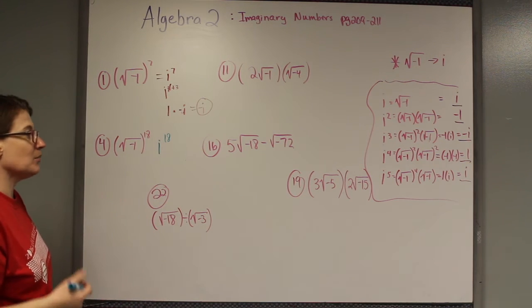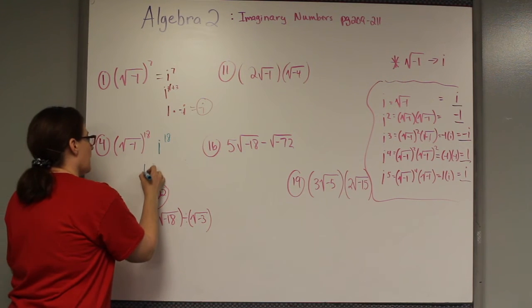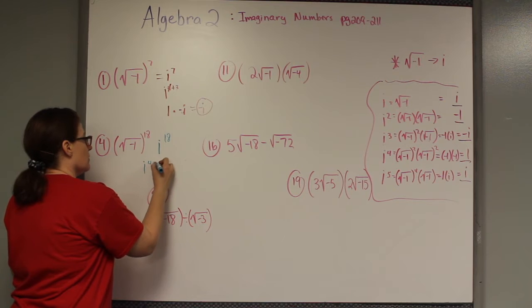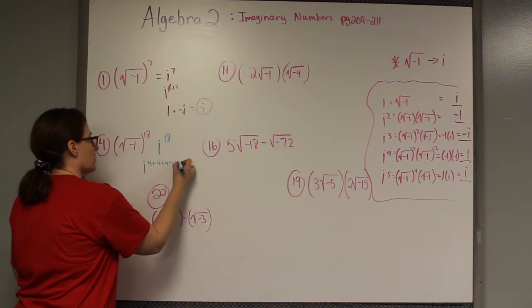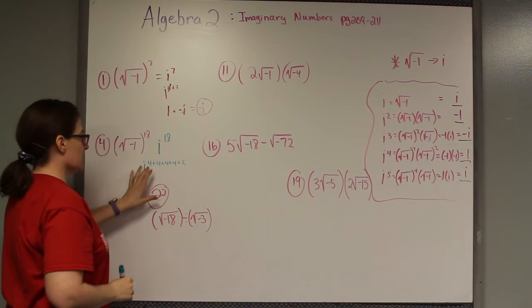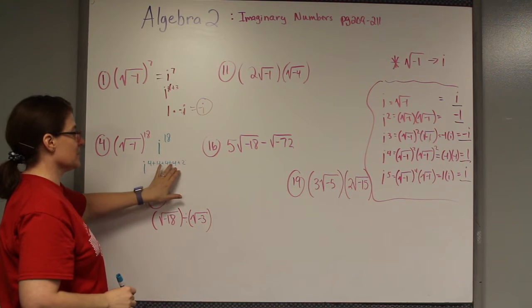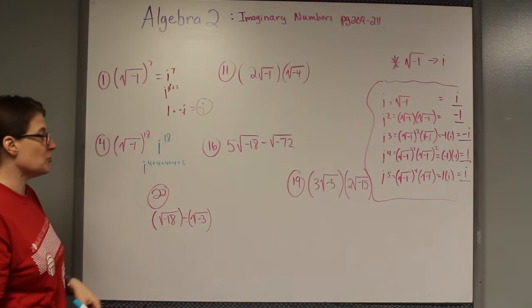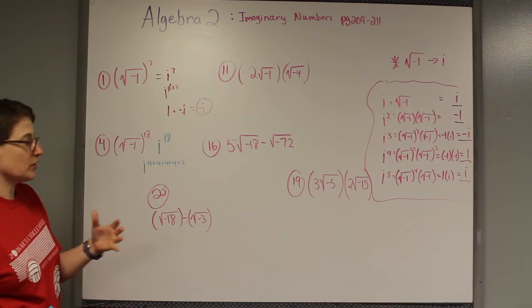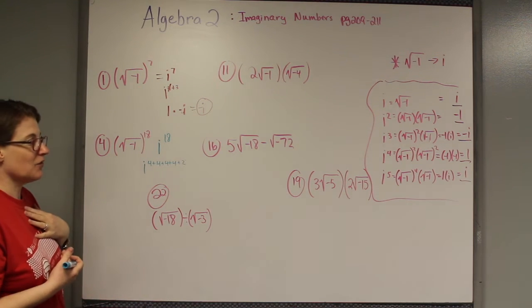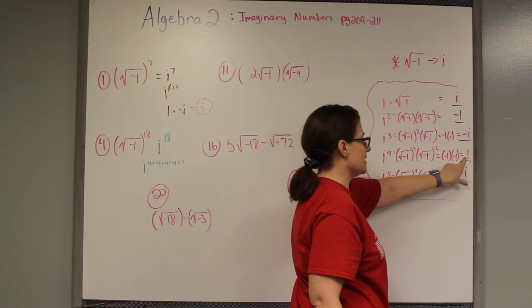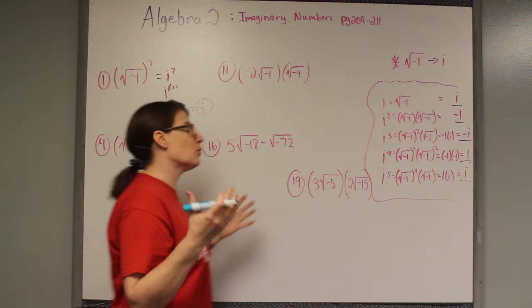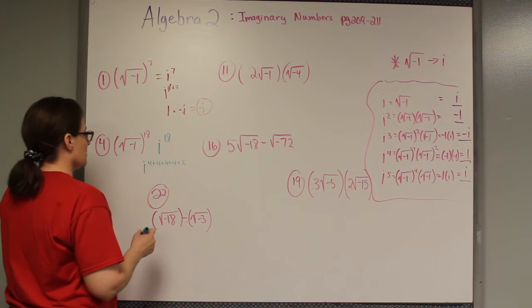I'm going to use I to the 4 plus 4 plus 4 plus 4 plus 2, because 4 plus 4 plus 4 plus 4 is 16, plus 2 is 18. Now you could use 5, 5, 5, and 3. But I picked 4s. Why? Because the answer to I to the 4th is a 1. A plain old 1, which makes the problem so much simpler.